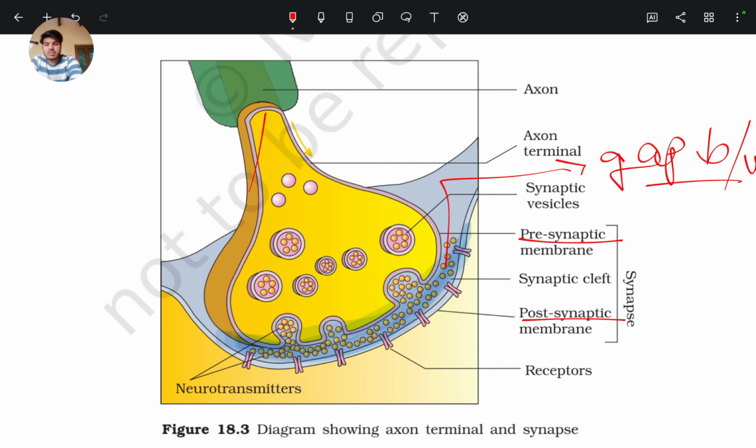This is the end part of the neuron, filled with vesicles, and the vesicles are filled with neurotransmitter.